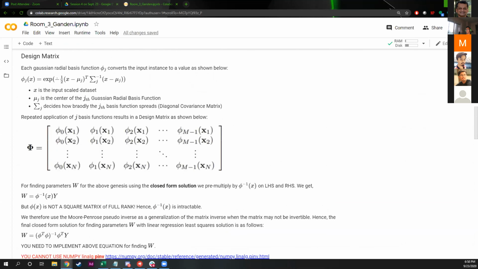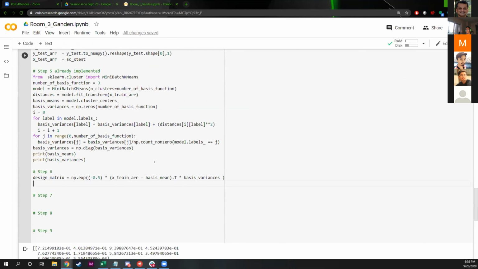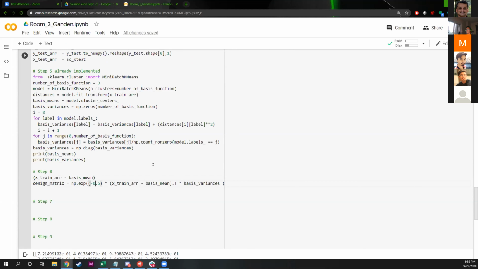Can you print distances once? The array distances, the shape and some sample values.